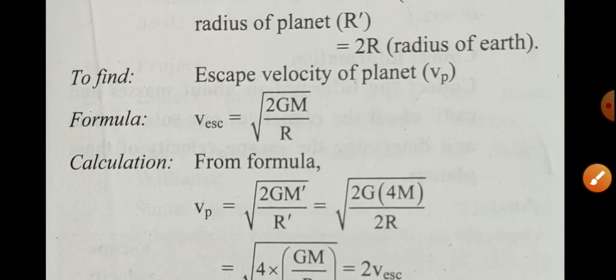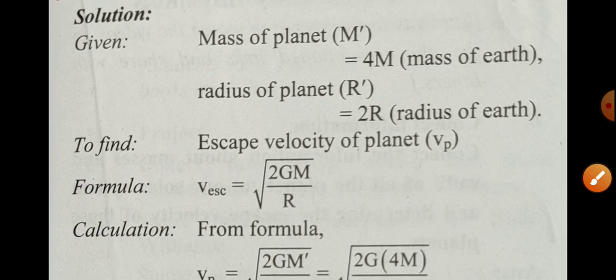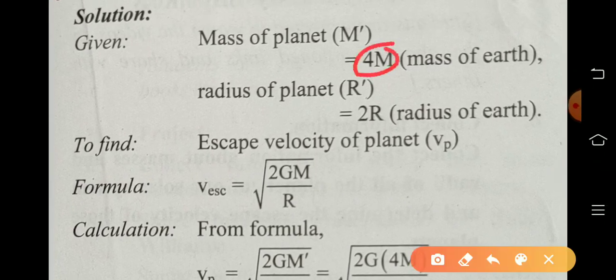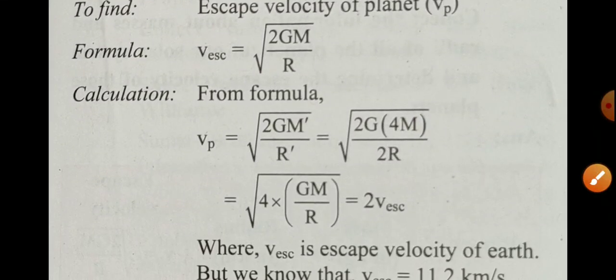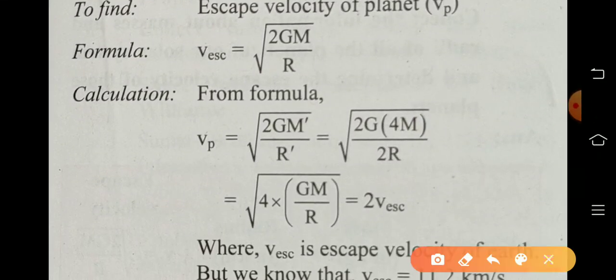And we know the value of m dash and r dash. m dash is 4m, r dash is 2r. These two values we are substituting in the formula at the places of m dash and r dash here. How many times? 4 times, not 8 times. You make the correction there. And r dash is double the radius of earth. Now solve this bracket. Now these two cancel here, only 4 remains, and remaining term GM upon r.